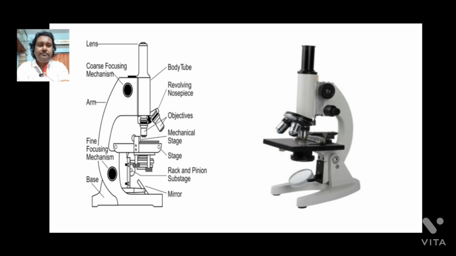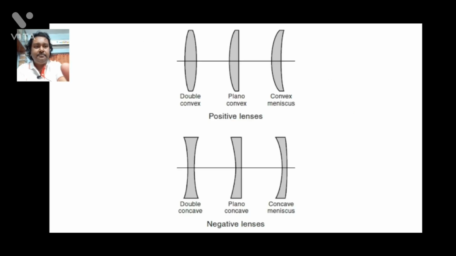Okay. And this is the basic diagram in the right side of the slide, the basic structure of the microscope, which is mostly used in the laboratories. Now, these are the types of lenses. Lenses are mainly of two types, positive lenses and negative lenses.